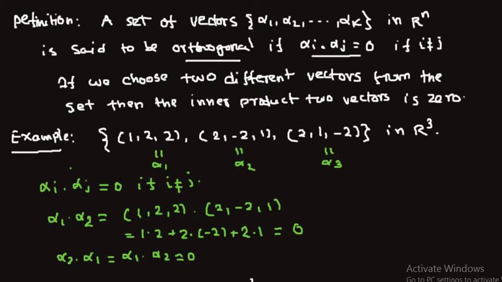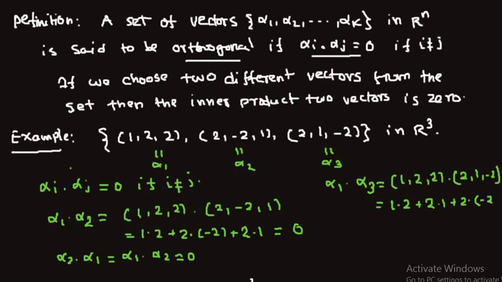Let me talk about what happens if I multiply alpha 1 with alpha 3. Here we have (1, 2, 2) multiplied with (2, 1, minus 2), so with component wise multiplication, 1 into 2, 2 into 1, plus 2 into minus 2.